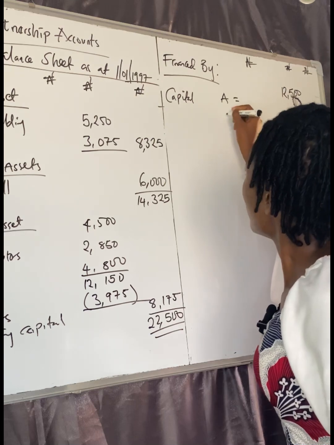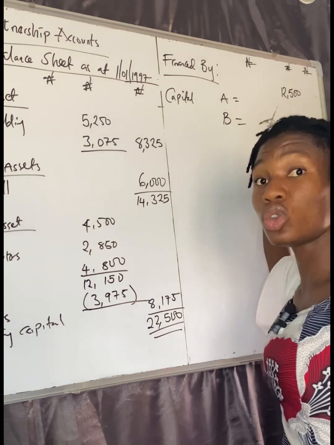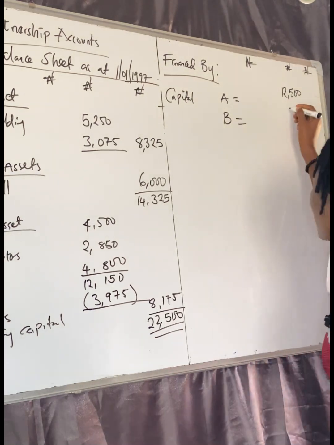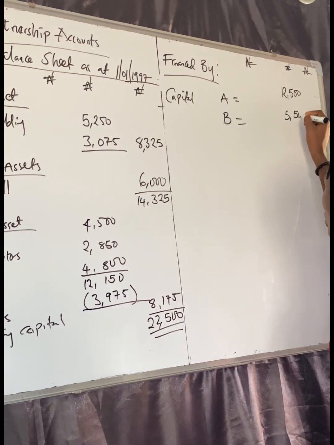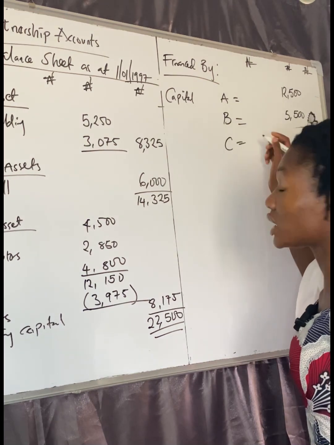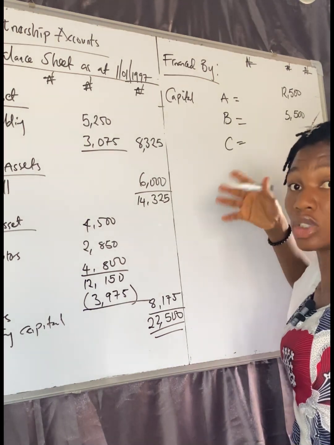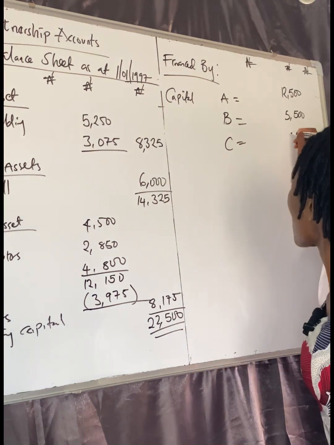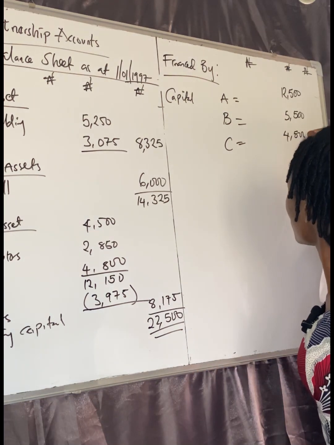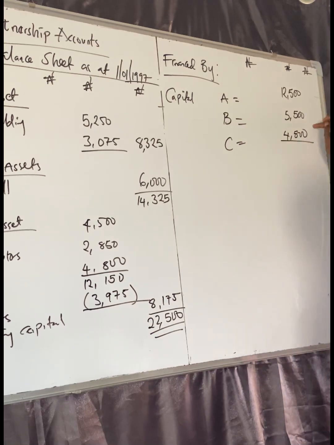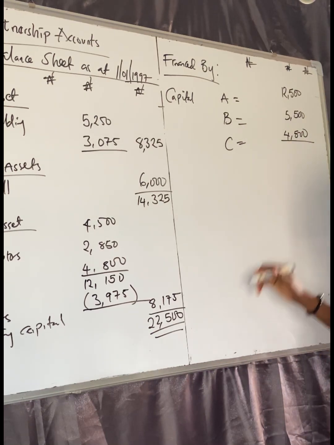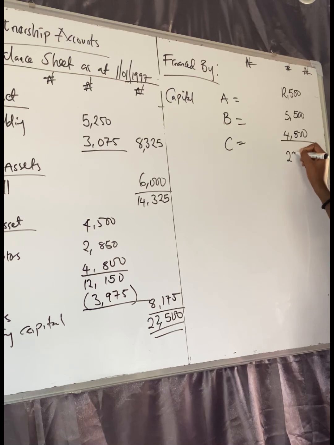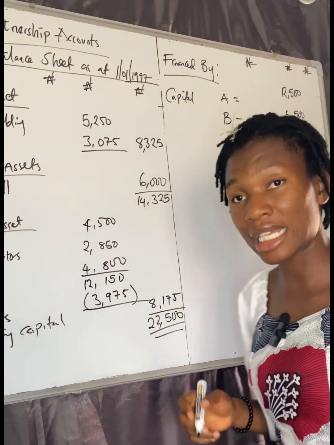For B, after we have adjusted for goodwill, we arrive at a value of 5,500. And then lastly for C, who brought in just capital and is not benefiting from goodwill, we have 4,500. Now after we add, we'll be arriving at that same figure, which is 22,500 naira, giving us a balanced account.